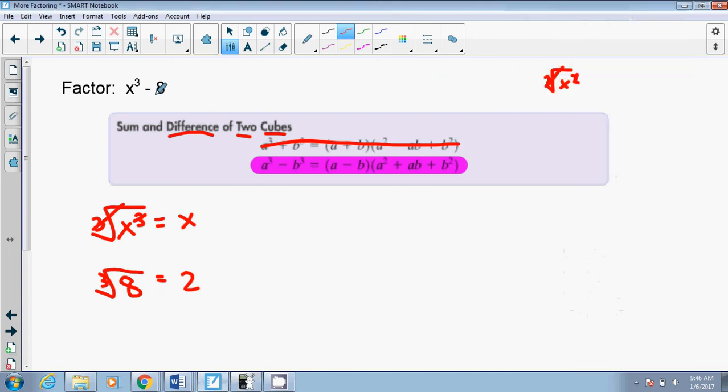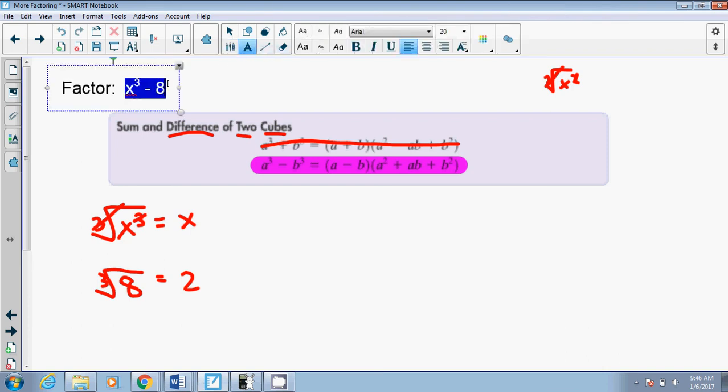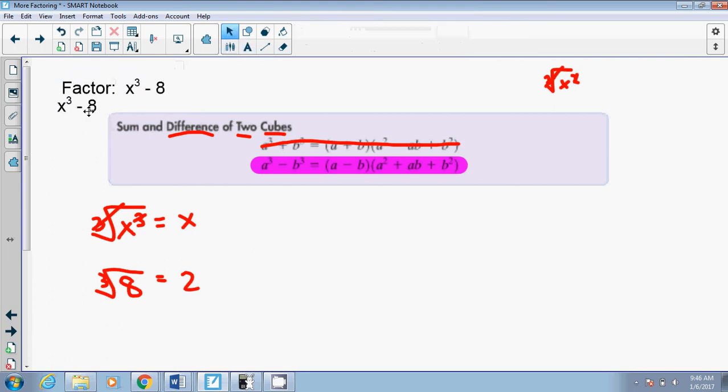So when I'm looking at this problem here, really I'm dealing with x cubed and 2 cubed, which means that my x is my first term, which is my a, and my 2 is my second term, which is my b.